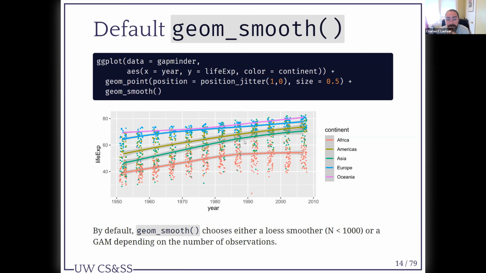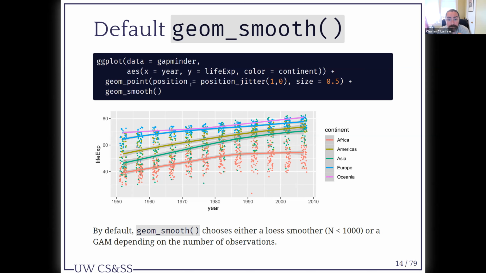In this example, geom_smooth is producing, I think, a LOESS smoother because there are less than 1,000 data points within each group. If you have more than 1,000 data points, it's going to do a more efficient GAM smooth. They're basically the same thing. So this is a conditional mean model. This is, in fact, a model. This is just a flexible polynomial model displaying the relationship of life expectancy by year.